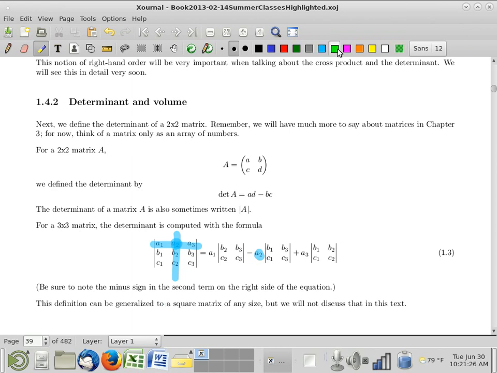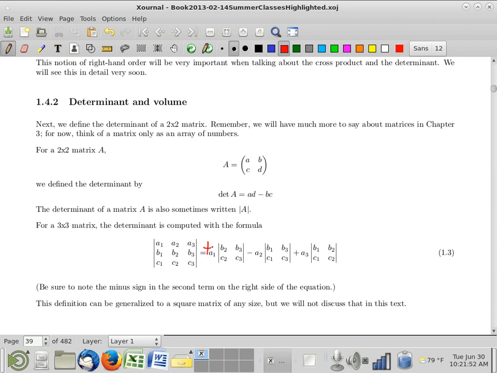Look at the remaining 4 entries. Assemble them into a little 2x2 matrix, and you multiply that determinant times A2. That's a weird little formula. So you go all the way across the top row following this little pattern, and then there's one other little twist, and that is there's some minus signs in here.